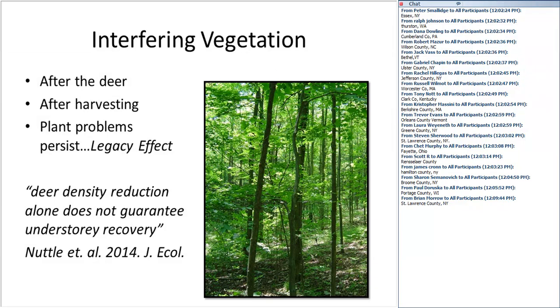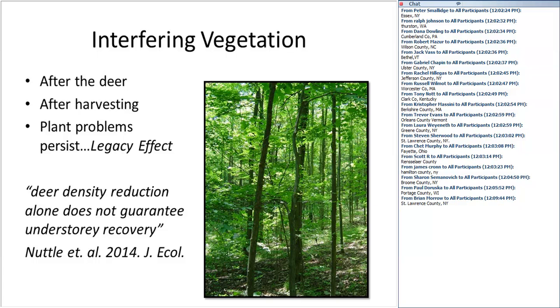The other consideration, as I started to mention, is that deer are often a driving force. If deer are eating the desirable canopy species, they're preferentially favoring, through avoidance, the non-palatable interfering vegetation.